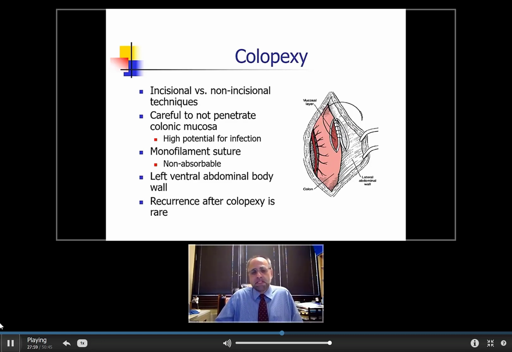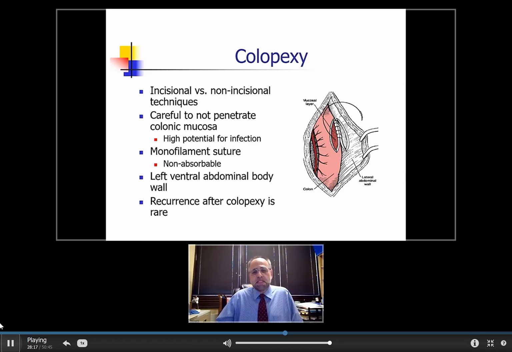And just like a gastropexy for GDV dogs attaches the stomach to the body wall, a colopexy does the same with the colon to the body wall. And this is generally indicated for recurrent prolapses or ones that just don't resolve with conservative management such as a purse string.